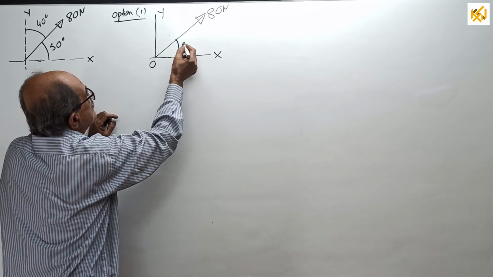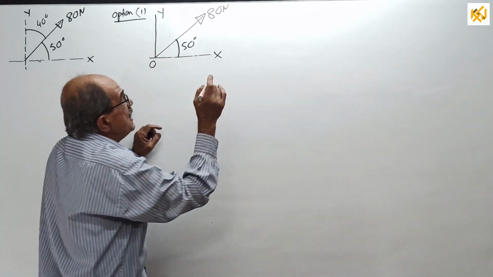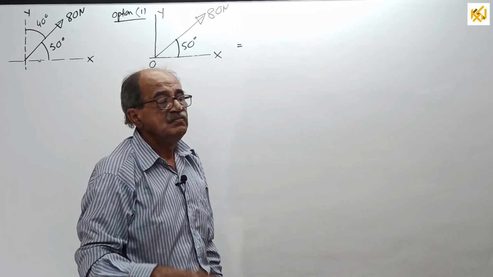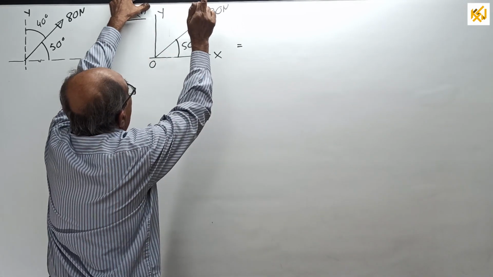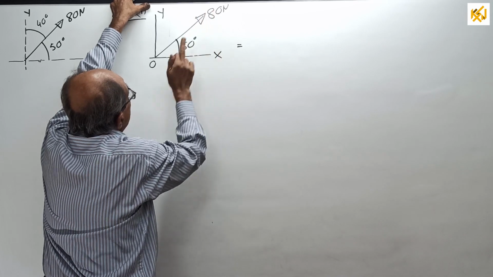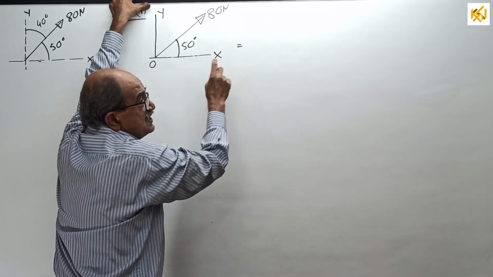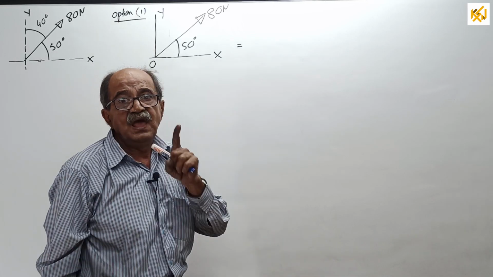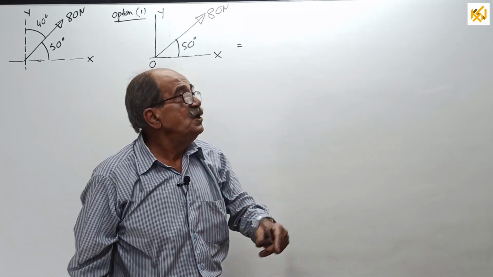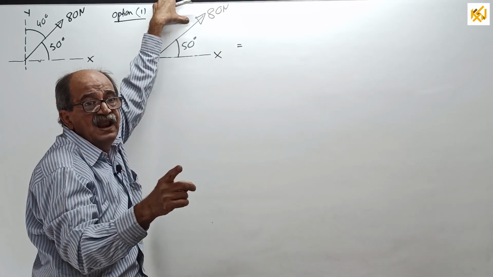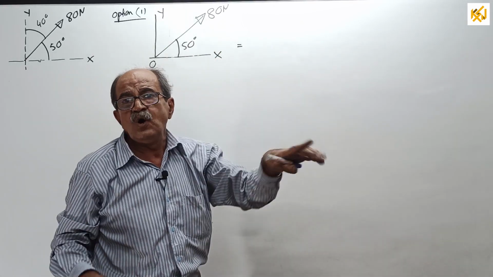Okay, 50 degrees. Now, immediately, you should firmly decide in the mind: I am considering the angle made by the force at 50 degrees with the x direction. Therefore, the x component is cos. With which direction you consider the angle, that component is cos.